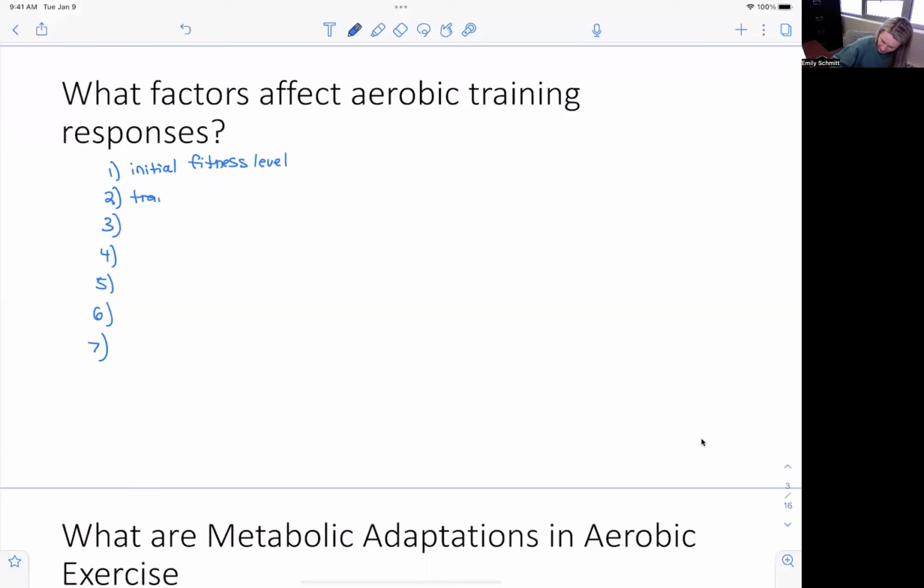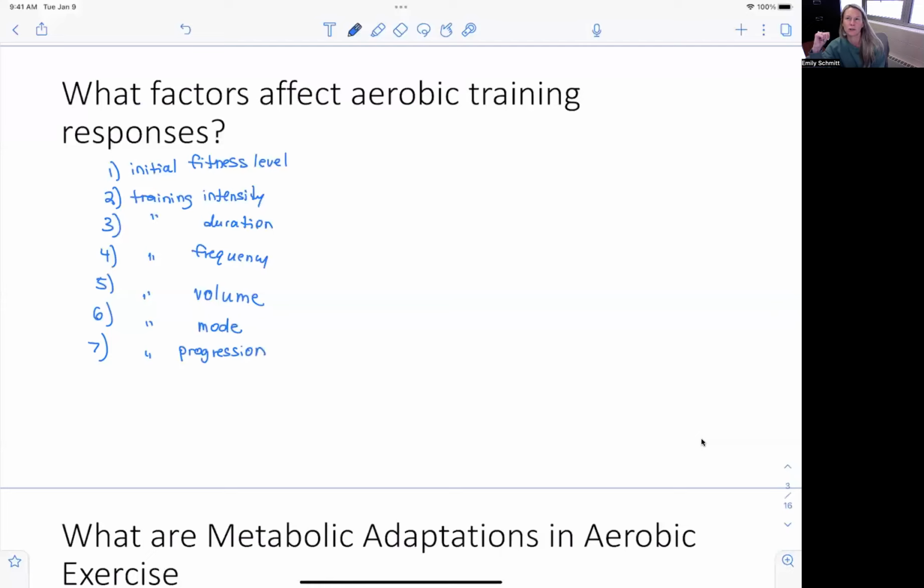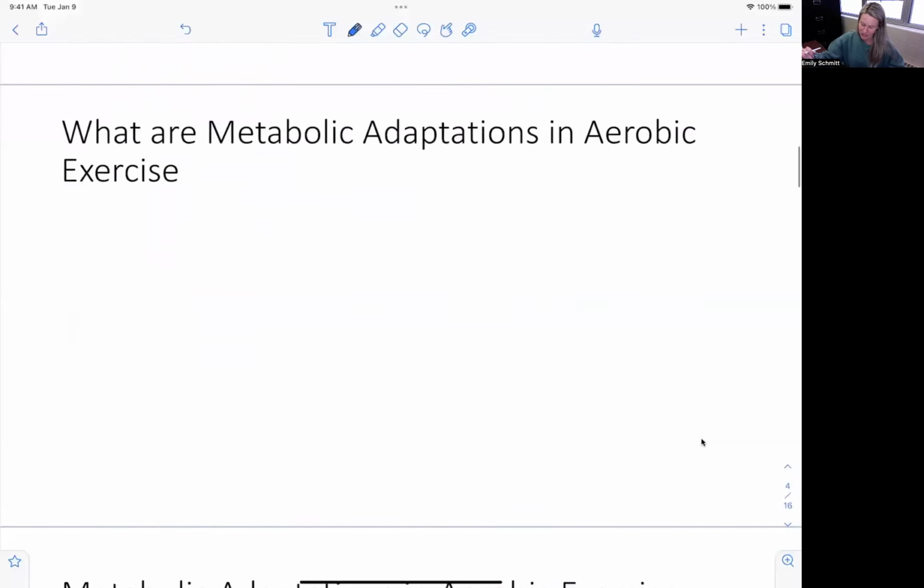Your next being a training intensity, your training duration, your training frequency, your training volume, your training mode, meaning running, cycling, swimming, and your training progression. So we're using some of the things that you did for your quiz 1 kind of in these concepts here. So what are metabolic adaptations in aerobic exercise?